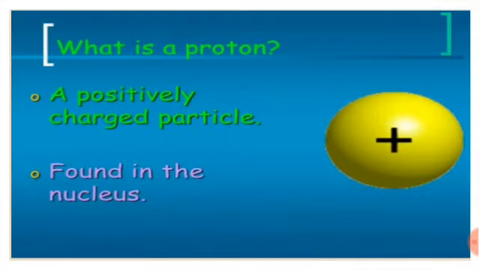What is a proton? A positively charged particle is known as a proton, found in the nucleus. A proton has a positive charge and is present in the center of the atom.